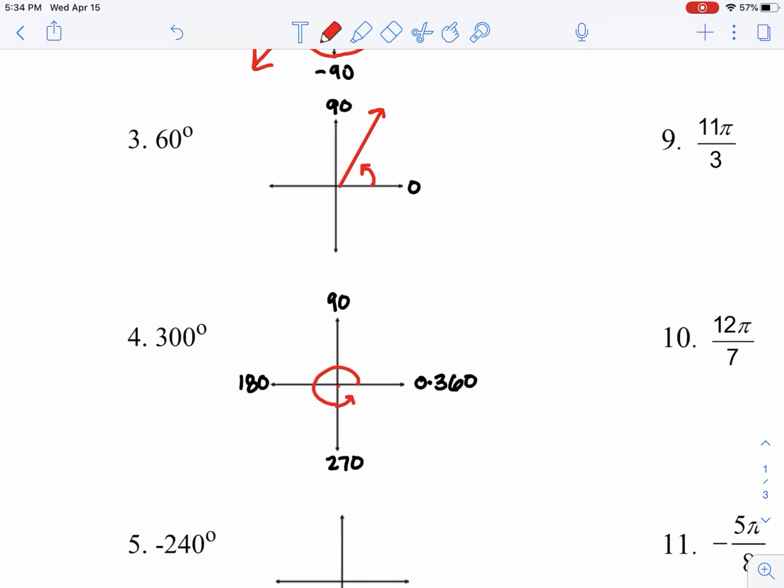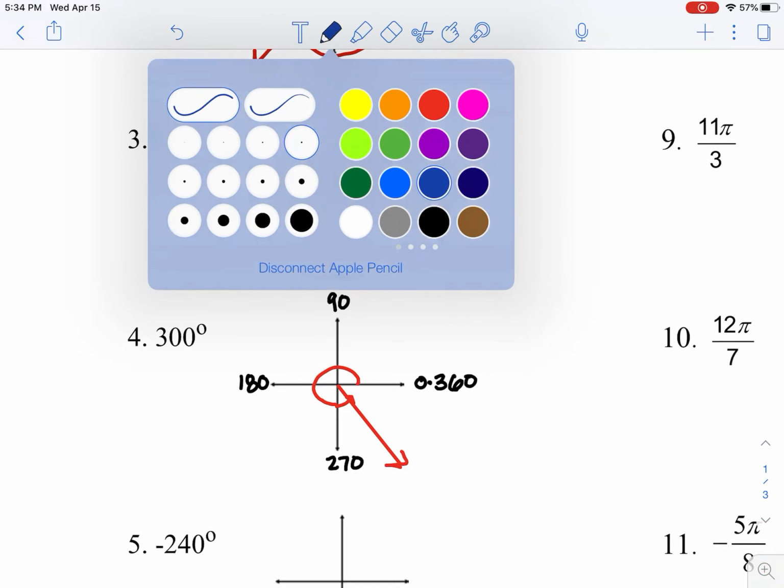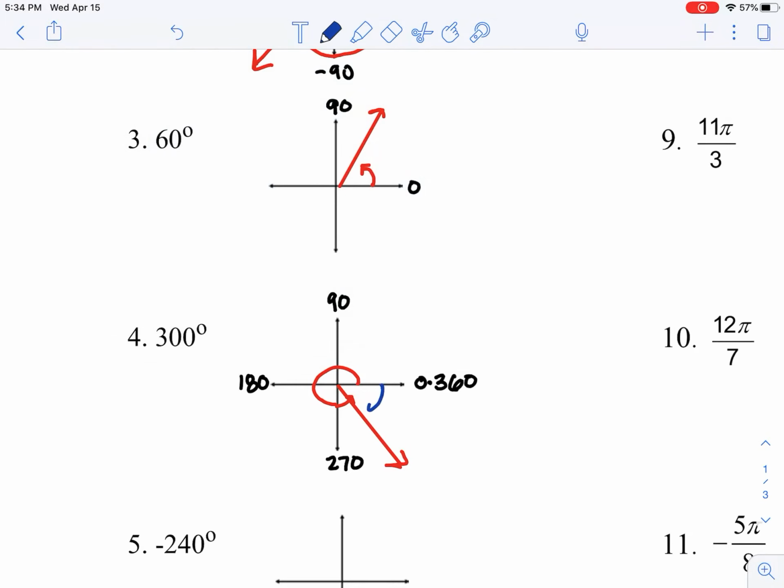So we're going to draw it about there, because it's going to be closer to the 270 than it is to that 360. How do I know that? Me personally, I know that 300 is 60 away from 360, and so I know that this little leftover piece is 30. That's how I do it. I'm like, oh, this is 60, this is 30.